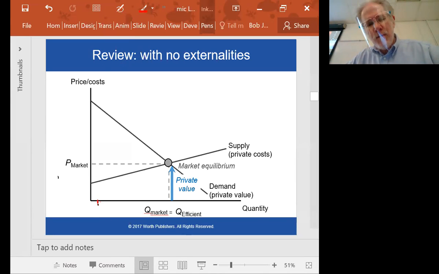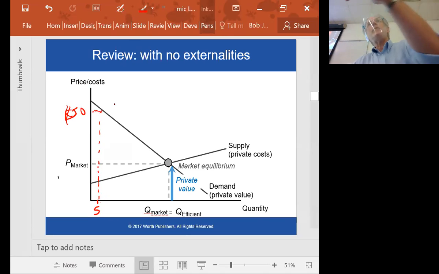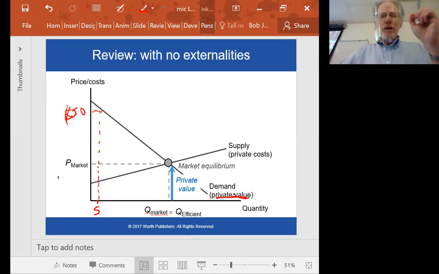So if for the fifth unit the price is $50, then that fifth unit is worth $50 to some consumer, and the value of the sixth unit is going to be a little bit less, the seventh a little bit less. So we can interpret the demand curve as a marginal benefit curve or as a private value curve. It's telling us what each unit is worth to a consumer.